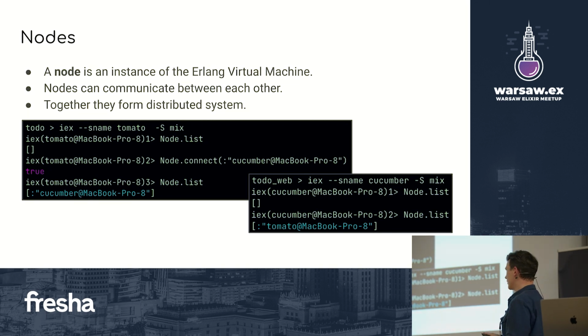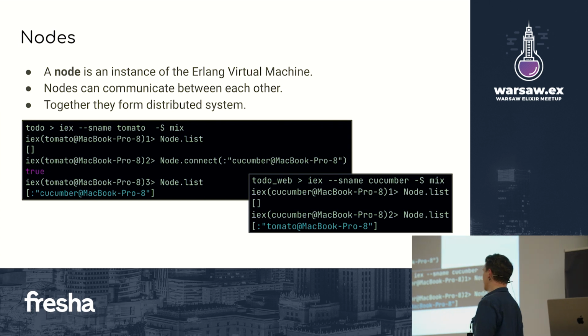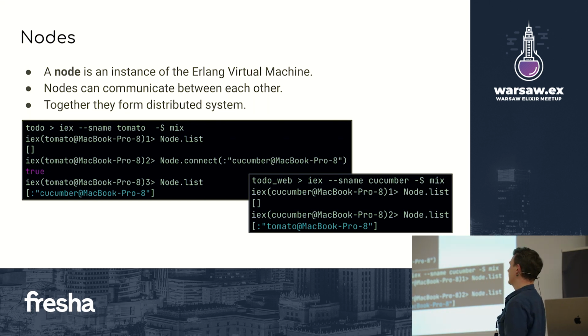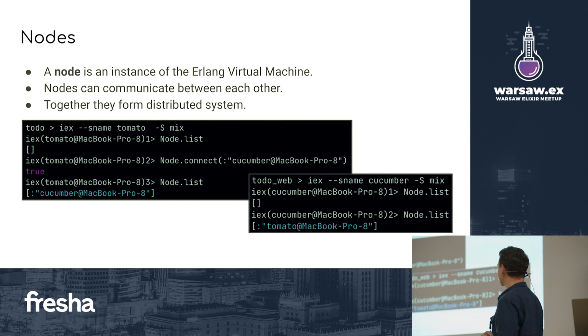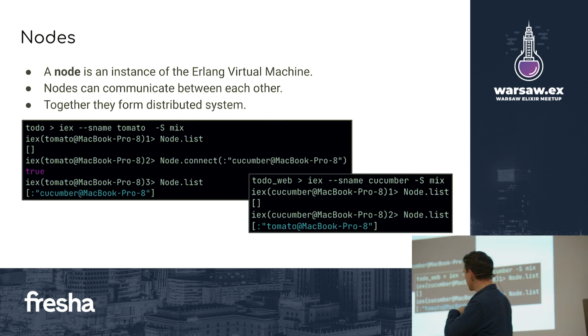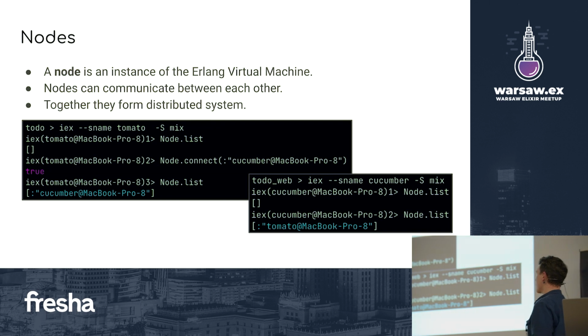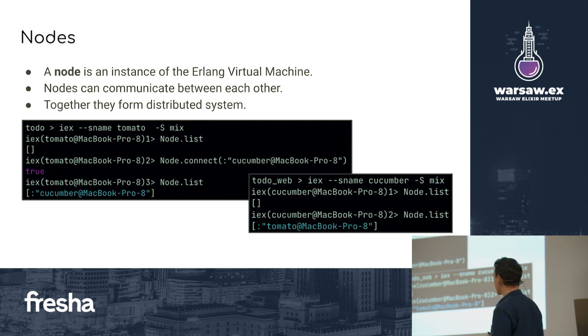And here's a simple tutorial-ish example of how to connect two nodes. These are just two tabs from the terminal and two interactive Elixir sessions that are started. We need to give them names, and then, as you can see, first if we try to see what's in the list of connected nodes, the list is empty.